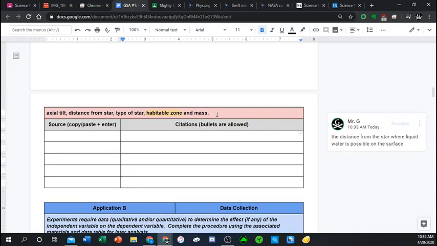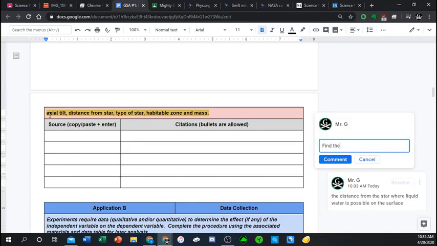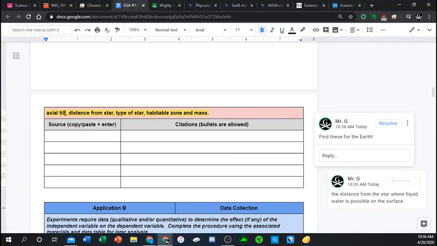So I would begin by finding these for the Earth, which means you already know the tilt for the Earth, 23.5 degrees, right? Find a source that says that. Yes, you can use Earth-Sun geometry. That's a source from class.